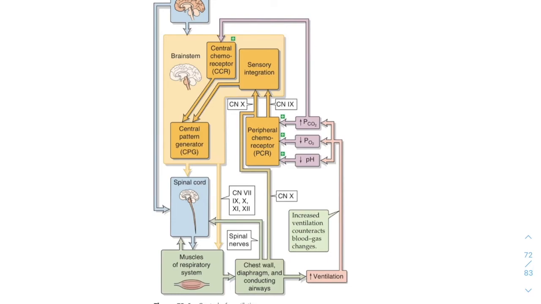This will send signals through the spinal cord that will send efferent fibers to the muscles of your respiration, which is particularly your diaphragm and the chest wall and other conducting airways. That will result in increased ventilation. So increased ventilation would increase your oxygen tension, lower your PCO2 tension, and normalize your pH.